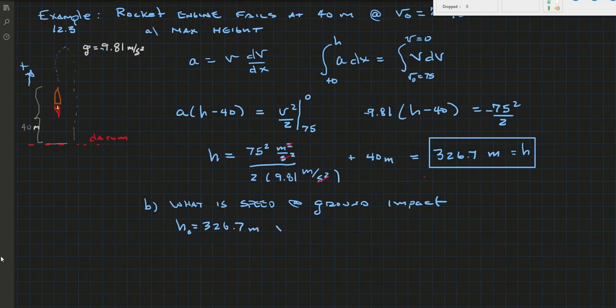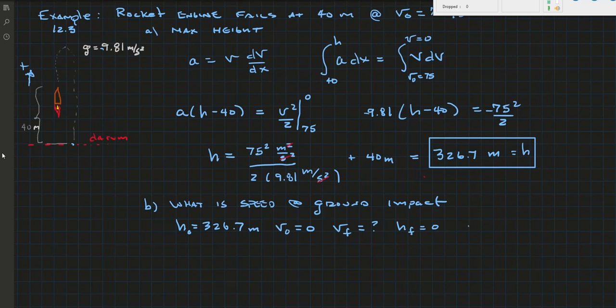Our initial velocity up there is 0. It's stopped and is turning around. Our final velocity we don't know. That's going to happen when we hit the ground. And our final h is going to be 0. That's also when we hit the ground. h is the distance that we are in the air.